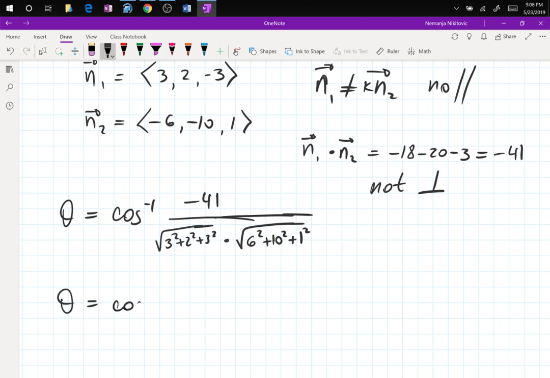Theta equals inverse cosine of negative 41 divided by square root of 22 times square root of 137. Make sure your calculator is in degrees.